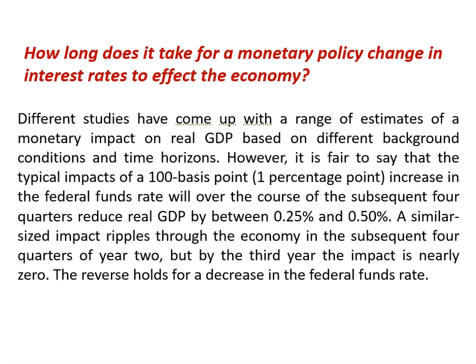However, it is fair to say that the typical impact of a 100 basis point, or a 1 percentage point, increase in the federal funds rate will, over the course of the subsequent 4 quarters, reduce real GDP by between 0.25% and 0.50%. A similar sized impact ripples through the economy in the subsequent 4 quarters of year 2, but by the 3rd year the impact is nearly zero. The reverse holds for a decrease in the federal funds rate.